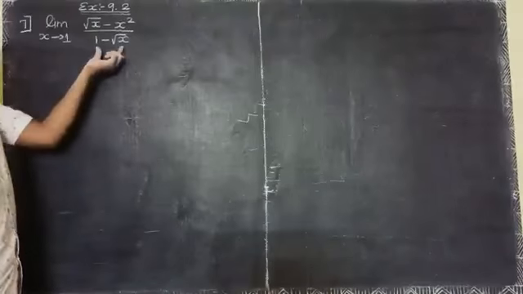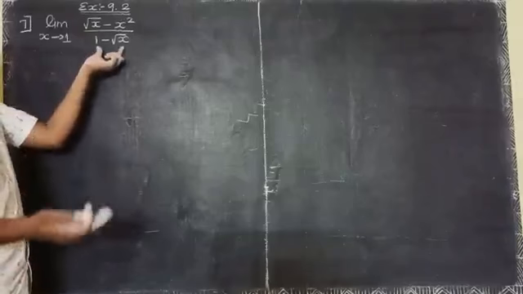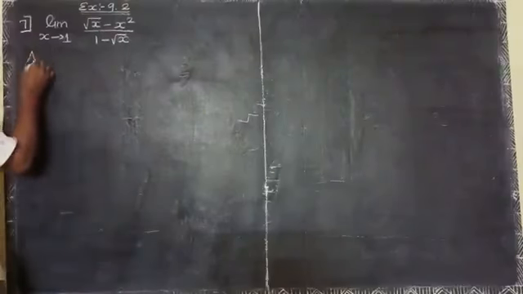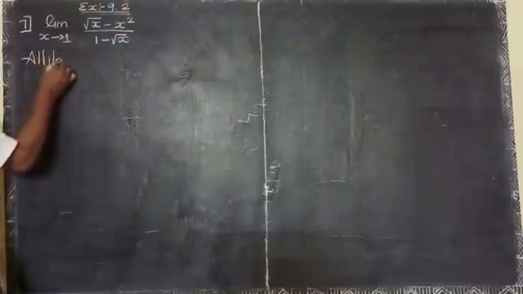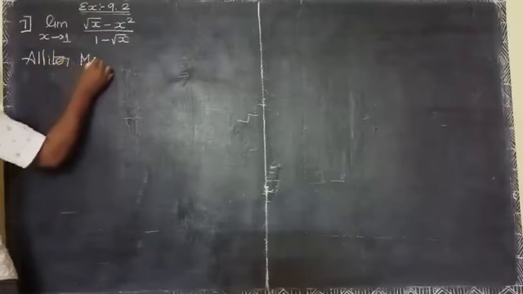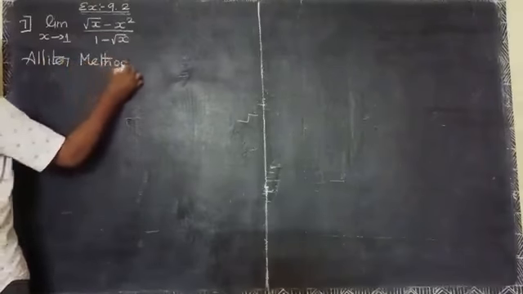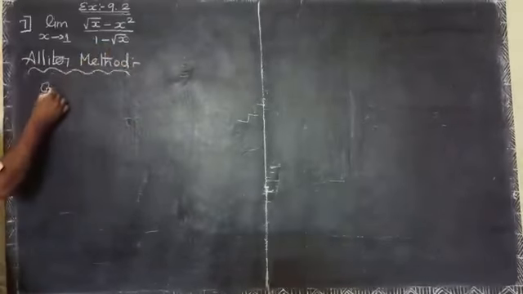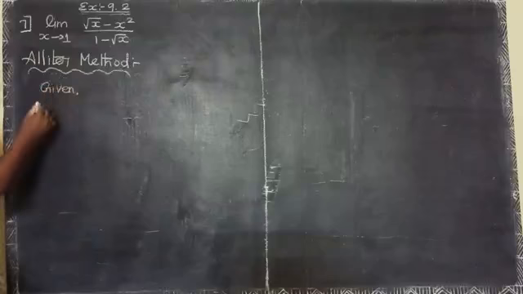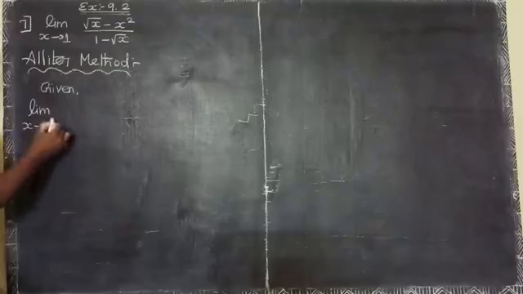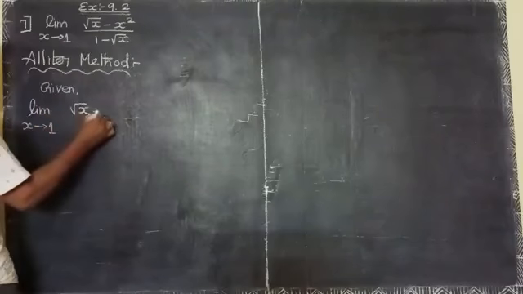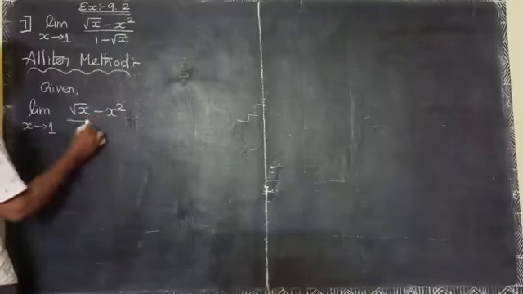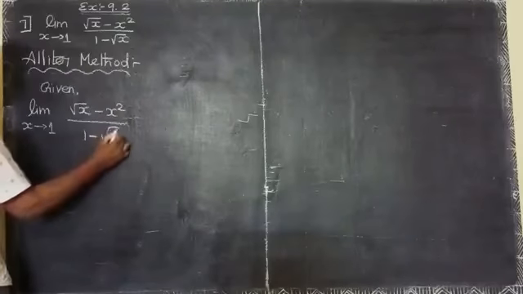Question number 7. Can we find the solution by another method, that is the L'Hospital method? Given limit x approaches 1, square root of x minus x squared divided by 1 minus root x.